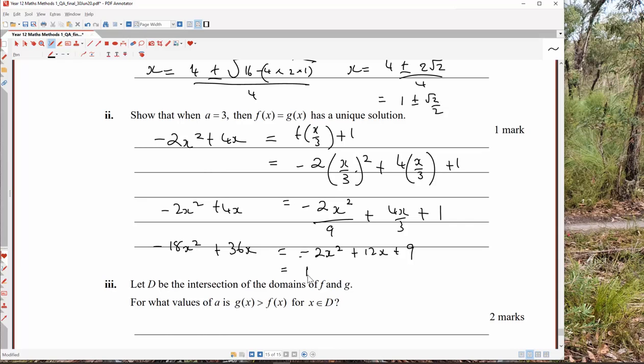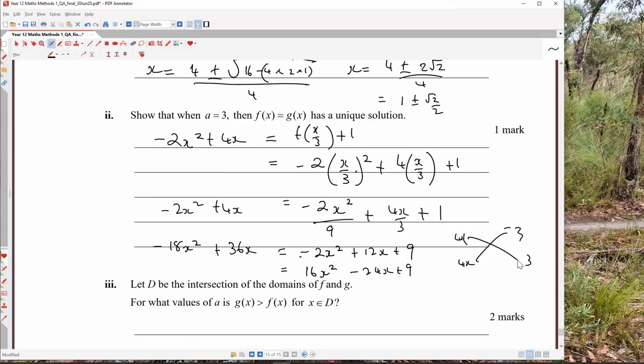So we've got 16x squared, take 24x plus 9. Now this should be a perfect square, so show that it has a unique solution. Let's just go factorize on that. 4x, 4x, 3, 3.